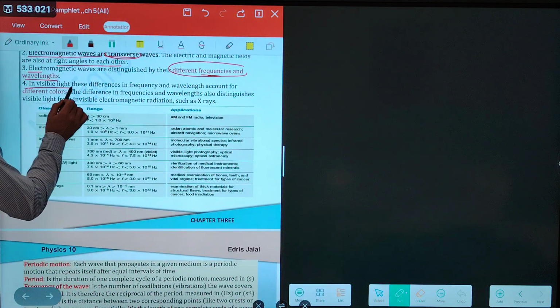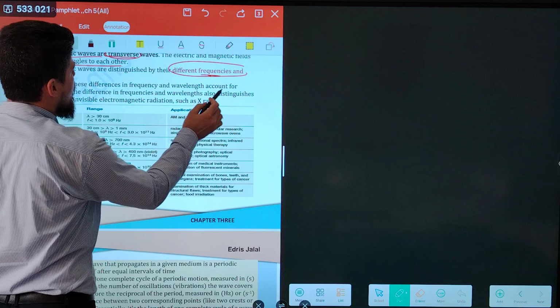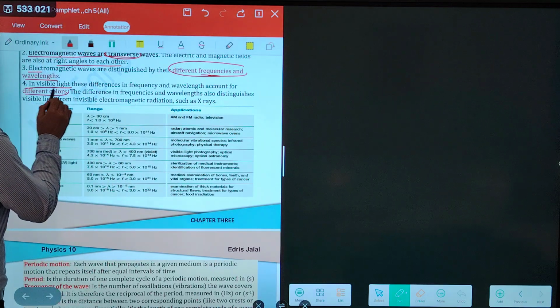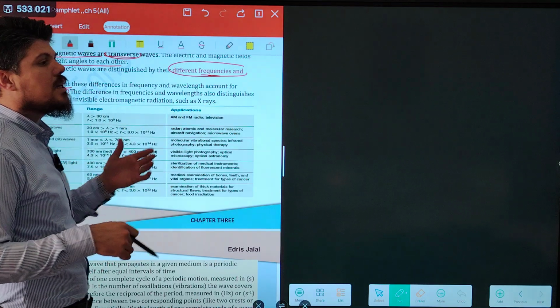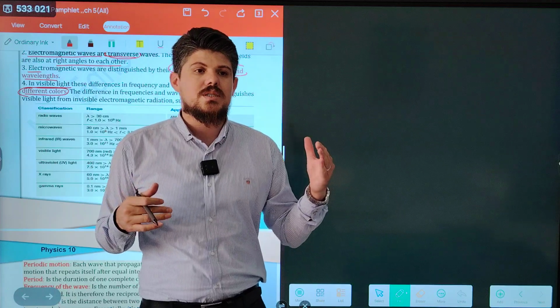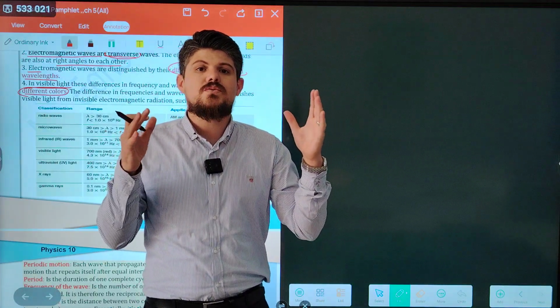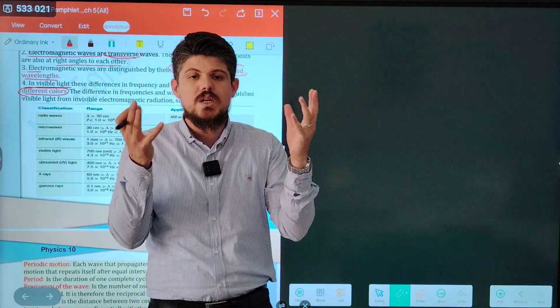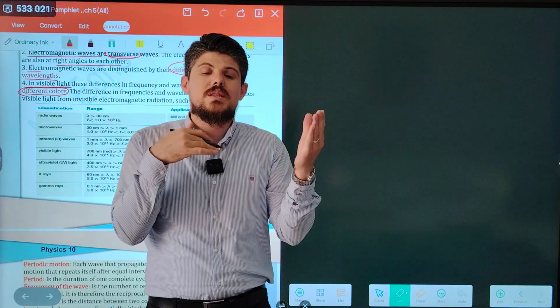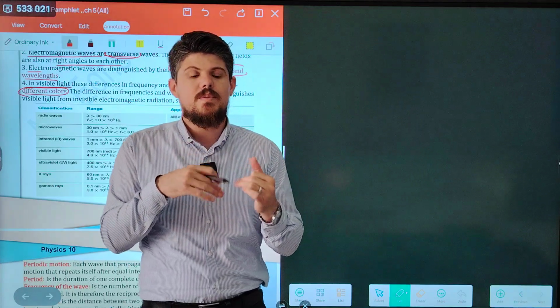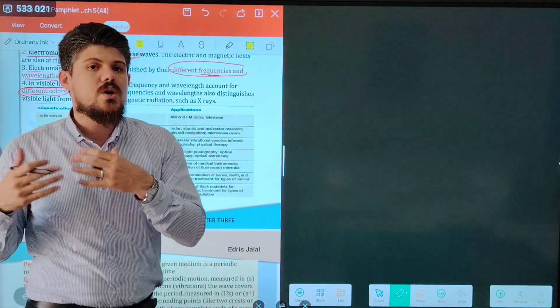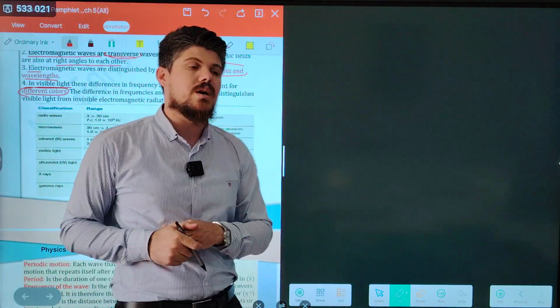In visible light, these differences in frequency and wavelength account for what? Different colors. What is the difference between red and blue? They are different colors because they are different in frequency. The frequency of red is not equal to the frequency of blue or other colors.